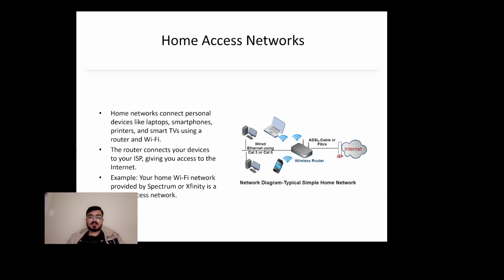For example, when you open Netflix on your smart TV, the data comes from your ISP through the router to your TV. Everything you do online at home happens through your home access network. You can see here a simple home network.